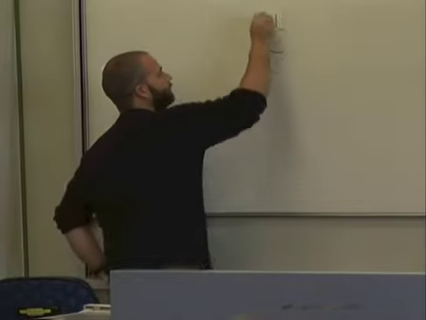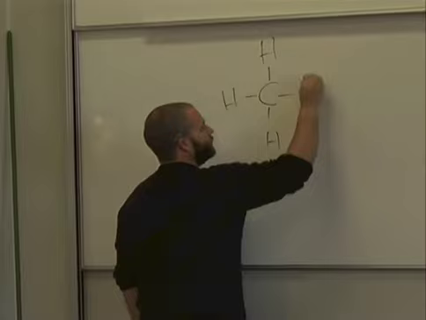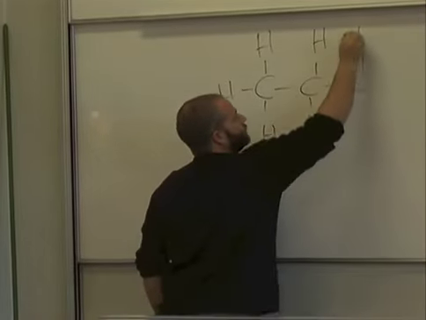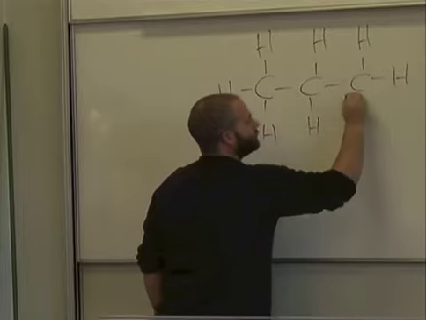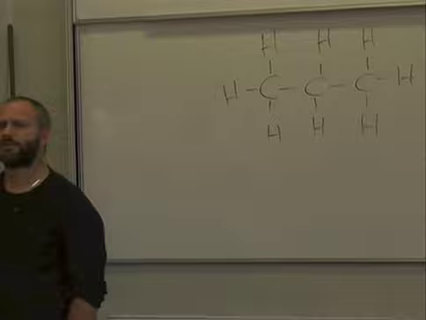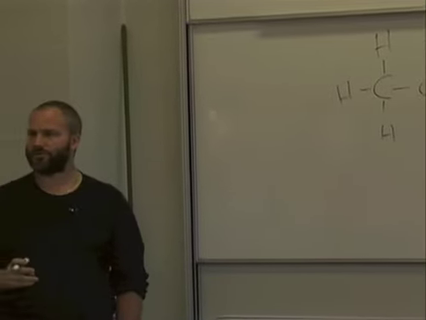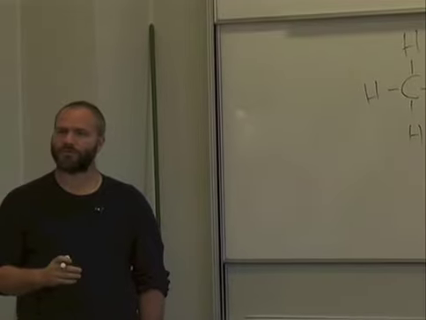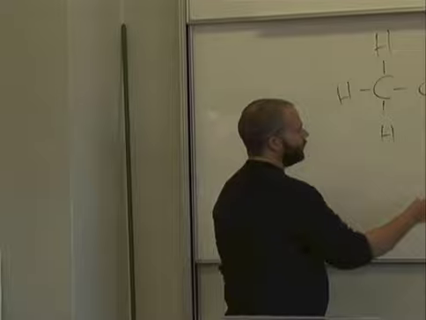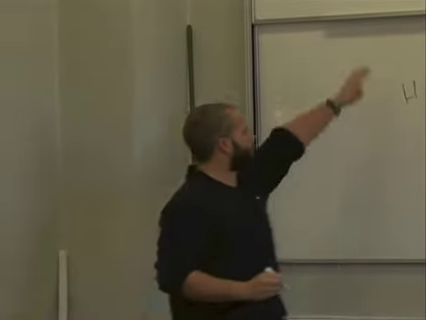So here's propane. The shorthand that we use goes like this. It says we're not going to draw in any of the hydrogen atoms or the carbon atoms as such. We're just going to draw this molecule like that. Right? Can you see that?